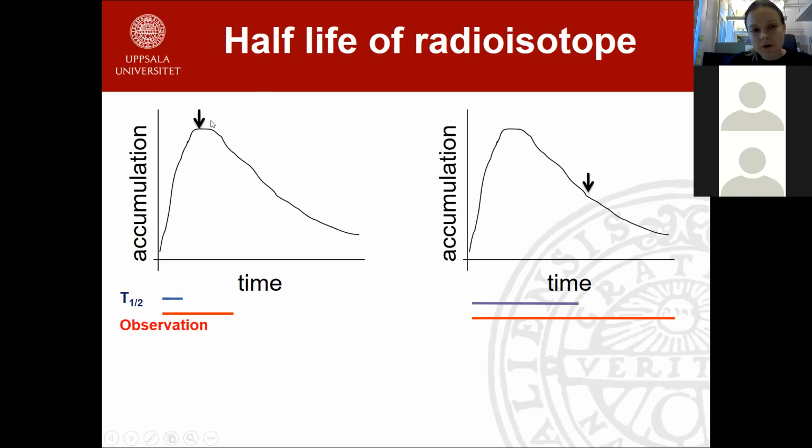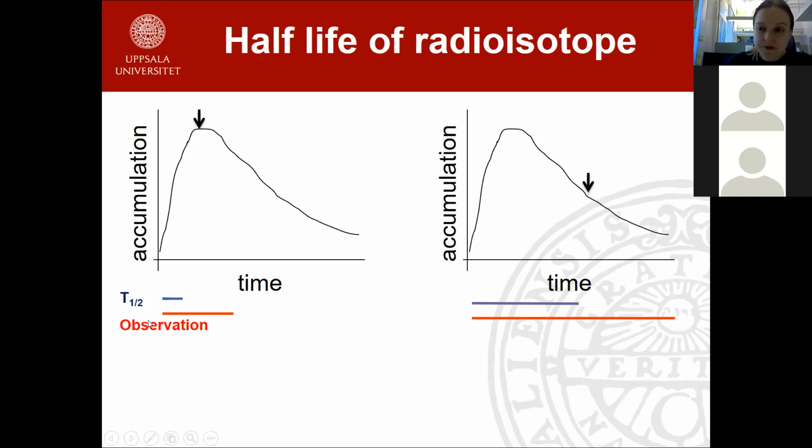So if we want to study absolute accumulation, for example, at the maximum point, then we can use a short-lived isotope with a half-life that would allow us to do that. Basically, if you want to observe something for some period of time, your half-life can be up to 3 times shorter than that period. So if your half-life is 1 hour, you can observe something at 3 hours post-injection.